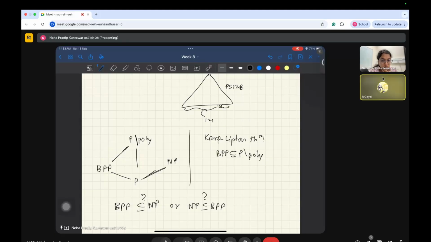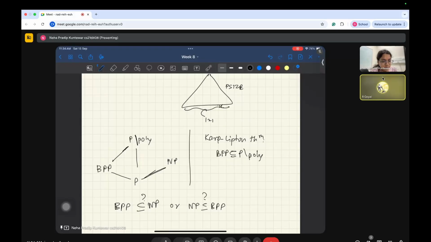In order to connect the classes which are related to time and the classes which are related to circuits, you said that for strings of the same length, different properties are possible, but the advice would remain the same. So how is it possible that we connect the complexity classes of two different domains?